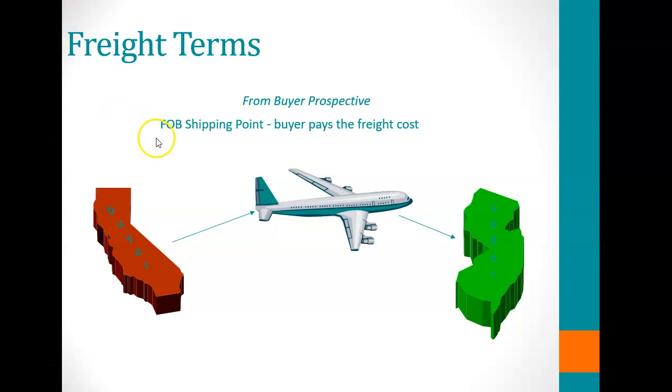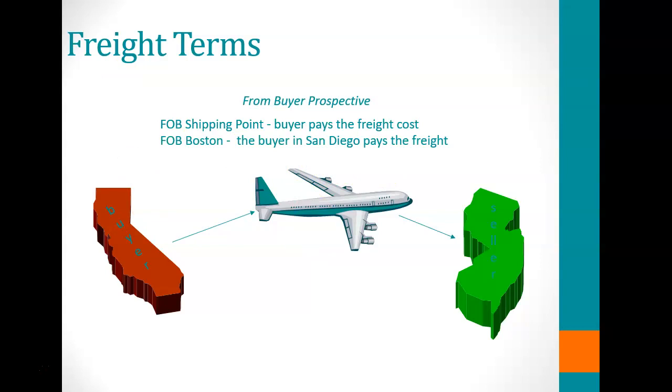The term FOB stands for free on board. If the terms are FOB shipping point, the freight charges are free up to the shipping point, which would be the buyer's location. So if the terms are FOB shipping point, it means the buyer pays the freight cost. So again, if the terms are FOB shipping point, the buyer is going to pay the freight cost.